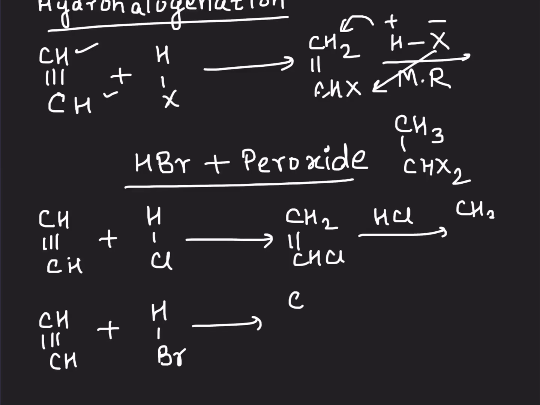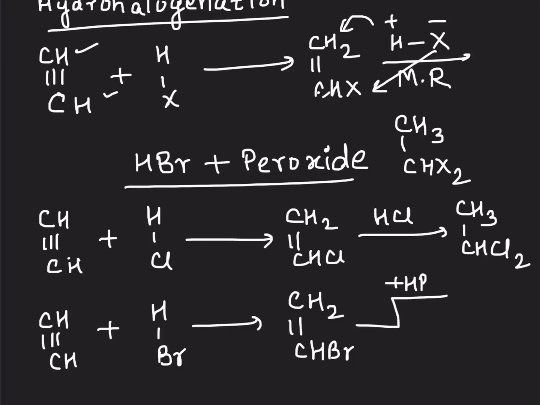So CH3 single bond CHCl2. Here CH2 double bond CHBr. Now, if you are doing the reaction only with HBr, and if you are carrying out the reaction with HBr in the presence of peroxide, tell me what will be the products formed in each case.